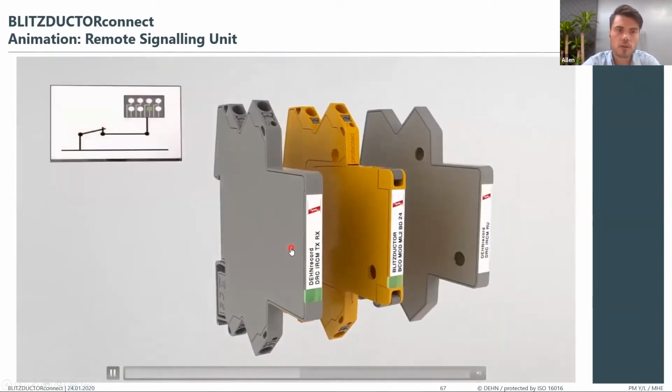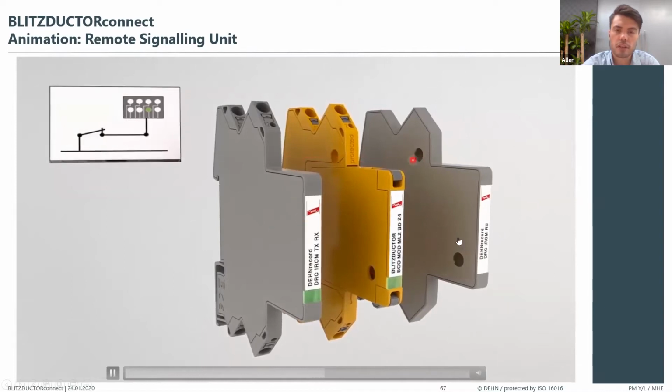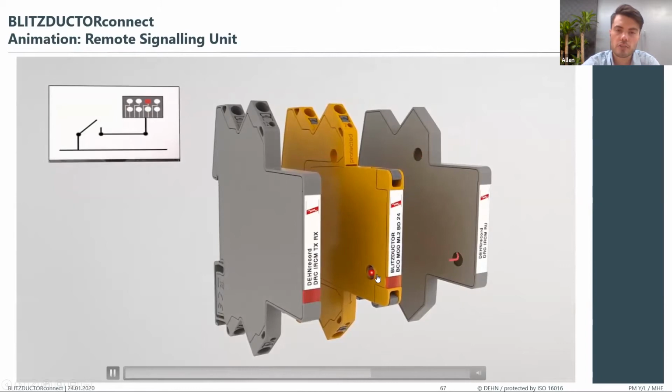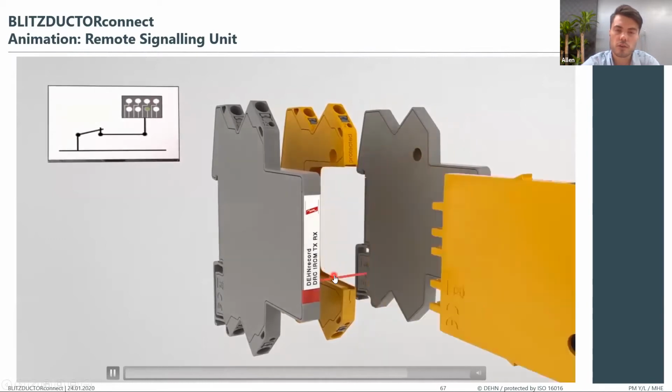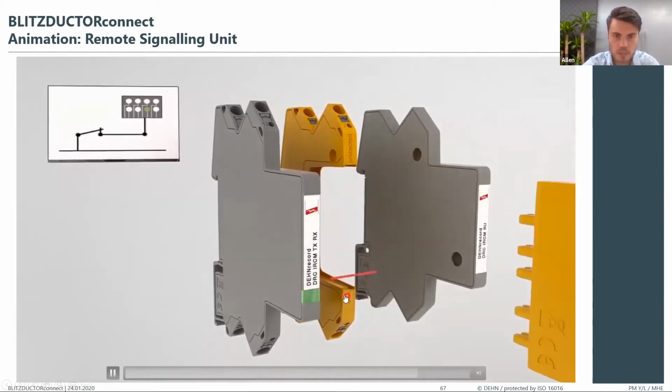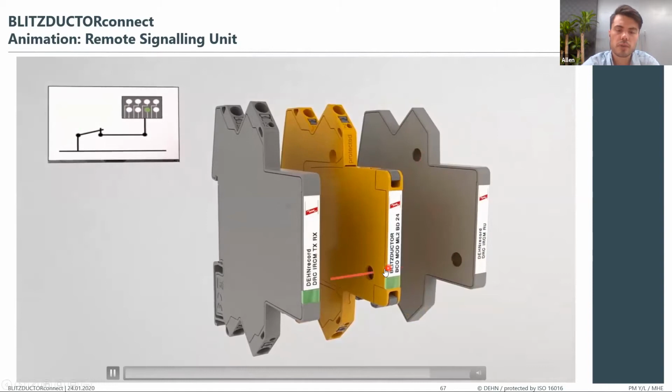Two bases or signaling contacts are placed on either end, and it uses infrared light to measure the system. If an SPD has thermally overloaded, it closes the flag and closes the path where the signal passes. So no signal can go through to your SPD. This indicates that the SPD has failed and you need to replace it.